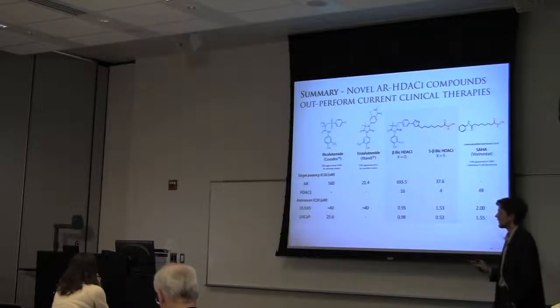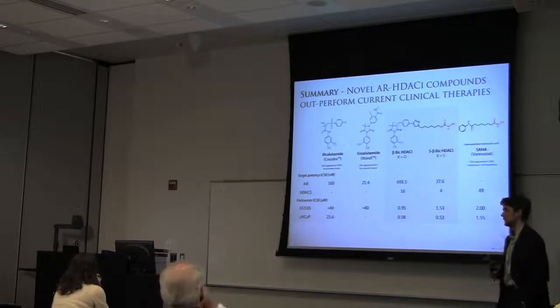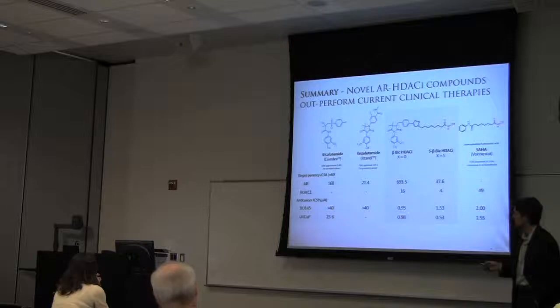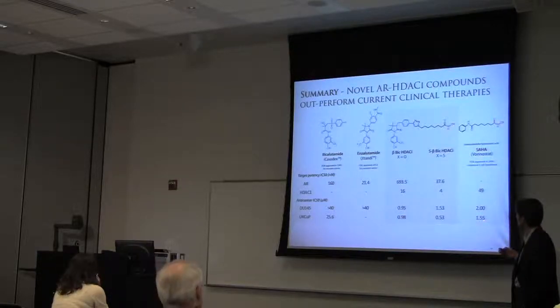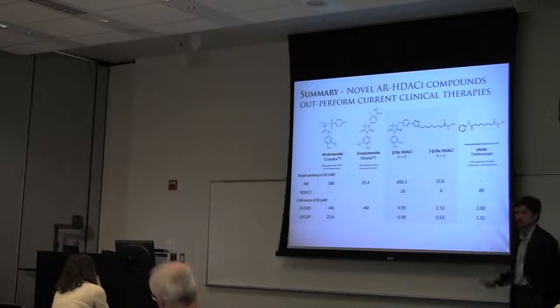And most people who get prostate cancer will respond very well to the initial treatments, but then a few years later, typically 2 to 3 years, if there's any cells that are left, they will have this relapse of prostate cancer that is completely untreatable. However, our compounds are still efficacious not only in the hormone-dependent, but also in the hormone-independent versions of prostate cancer. So that is what has us excited about these. And they're also more potent than SAHA, the clinically approved histone deacetylase inhibitor.